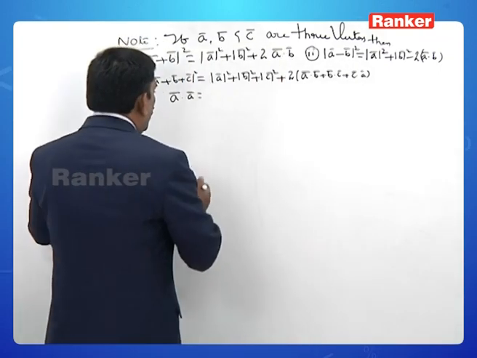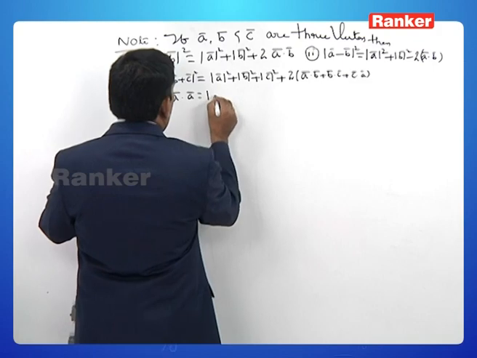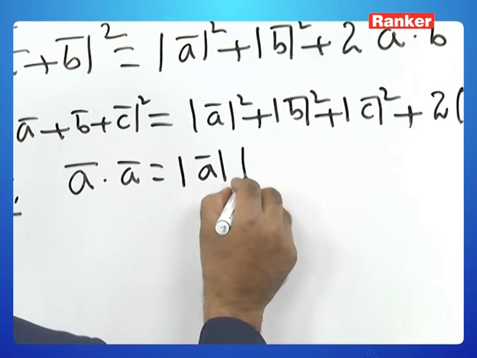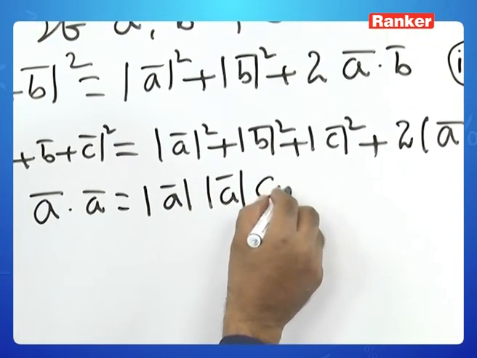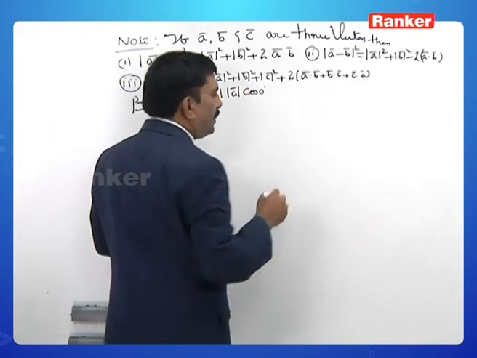So therefore, A bar dot A bar is equal to modulus of A bar into modulus of A bar into cos 0 degrees.